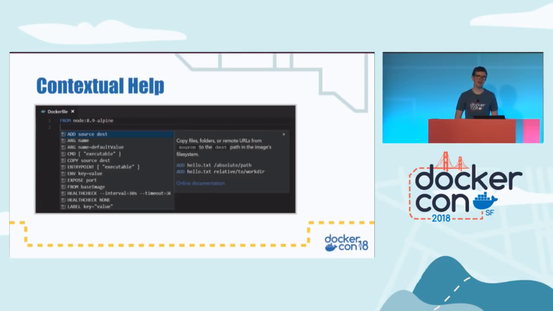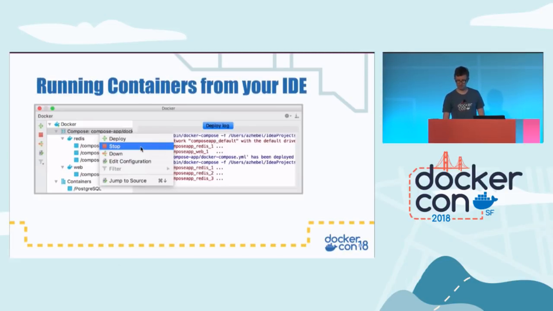But actually, contextual help and IntelliSense type attributes are really a boon for anyone just learning Dockerfile or Compose file. And often you can actually just run your Compose-based applications and run containers directly from within your IDE. And several of them make the integration with Docker Desktop just seamless.